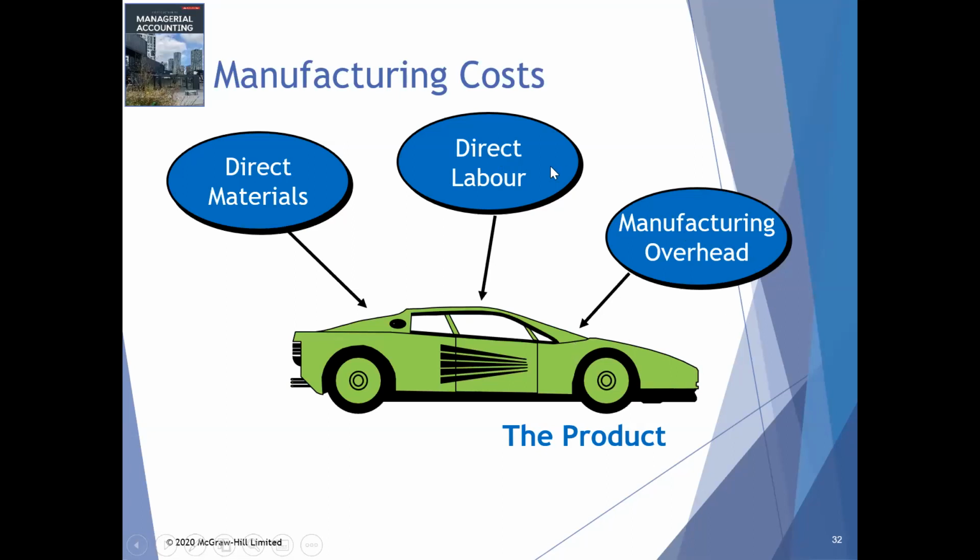All of this is expenditure. All of this is known as manufacturing cost: direct material plus direct labor plus manufacturing overhead. For one unit produced, that is the manufacturing cost.